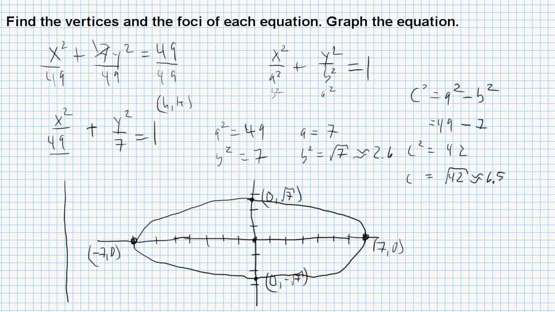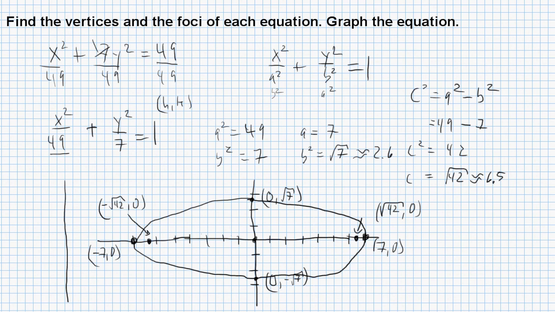Since it's a horizontally oriented ellipse, the foci are going to be arranged horizontally along the major axis. So 6.4 about there, negative 6.4 about right there. The coordinates we will write as rad 42, 0 for that focal point, and negative rad 42, comma, 0 for this one.